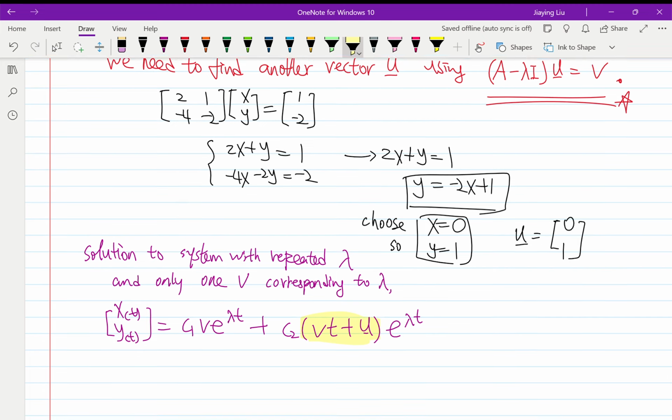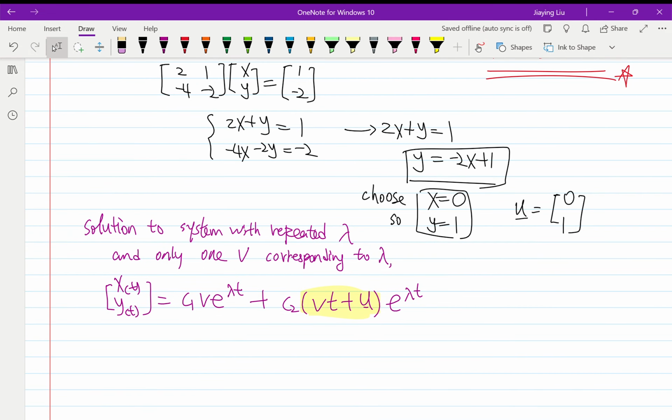So going back to the problem, we had lambda equals 5, 5, and then we have v is 1, negative 2, and we also have u is 0, 1. We can put all of them in here. So return to the problem.